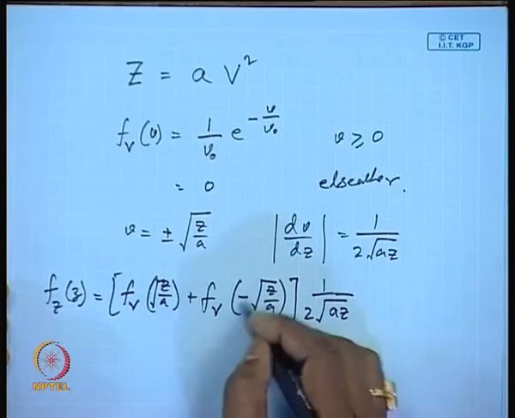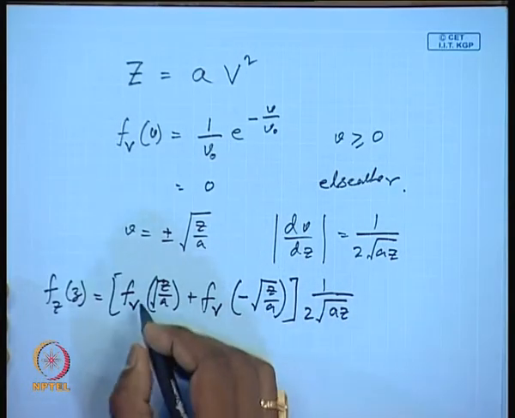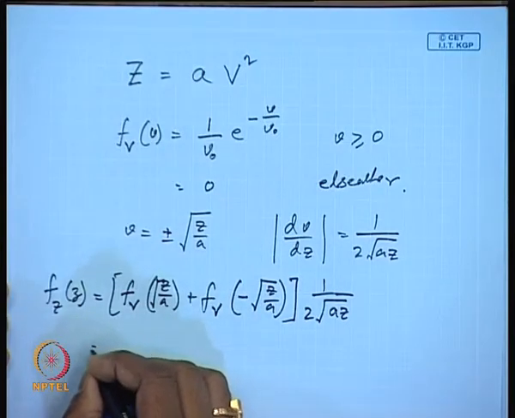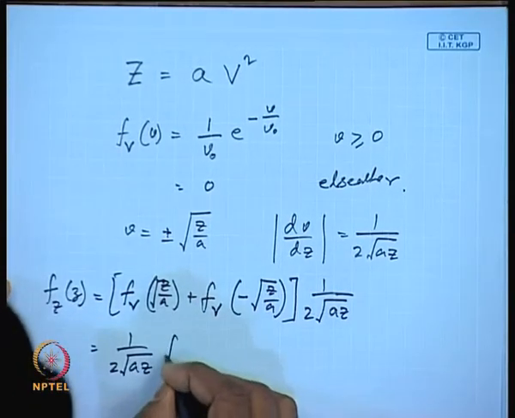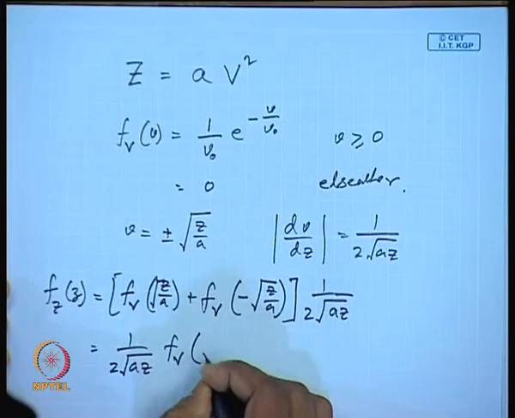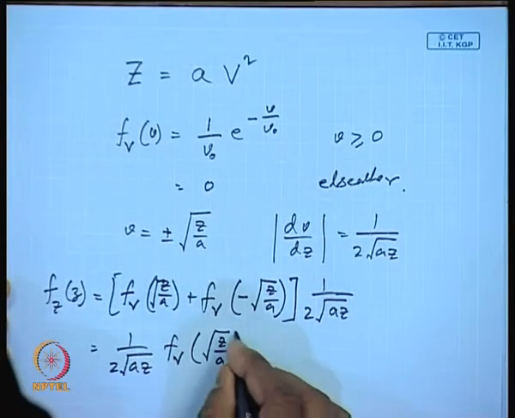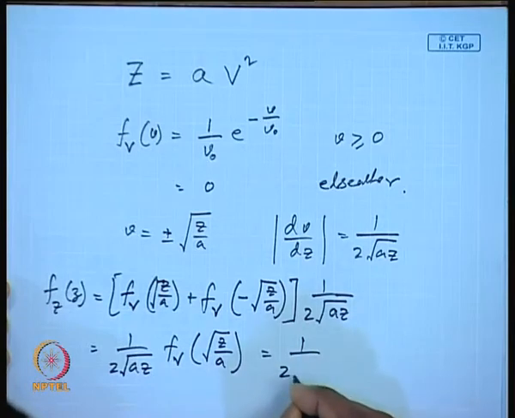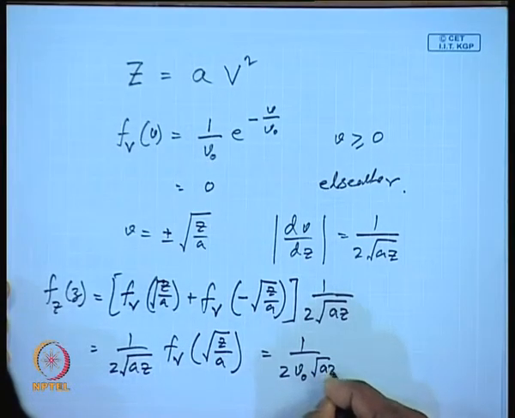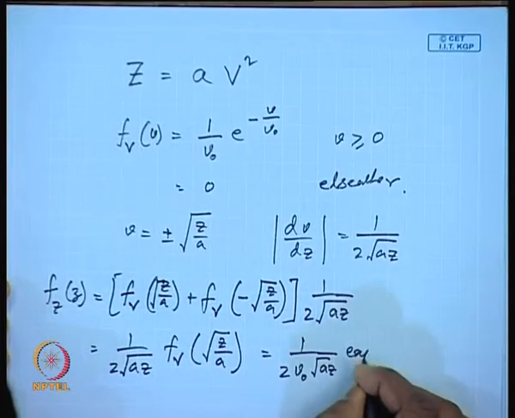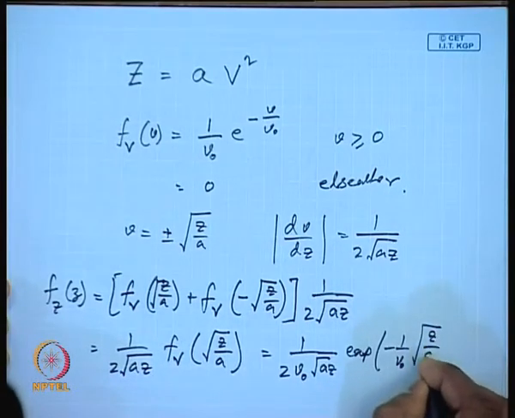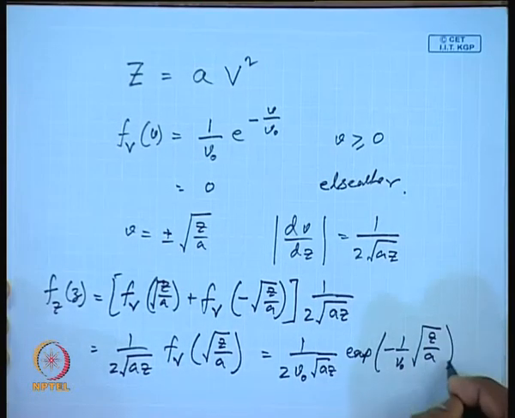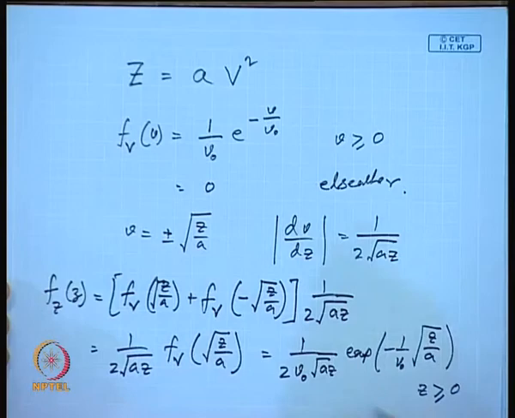Now this is not valid, so we have to take only this value, and what we can write is 1 by 2 square root of a z times f v at square root z by a. We can express this as 1 by 2 v naught square root of a z, exponential of minus 1 by v naught square root of z by a, where again z should be greater than or equal to 0, which is the support of this distribution.